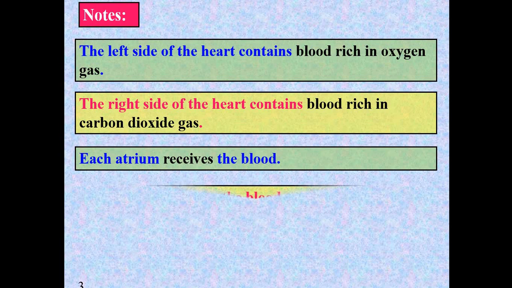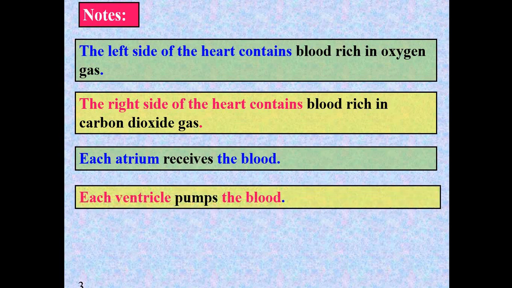And each ventricle pumps the blood through an artery. The right ventricle will pump the blood to the pulmonary artery, and the left ventricle will pump the blood to the aorta, the biggest artery in our body.